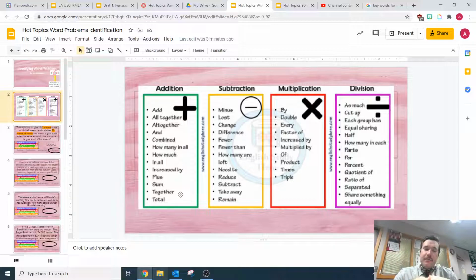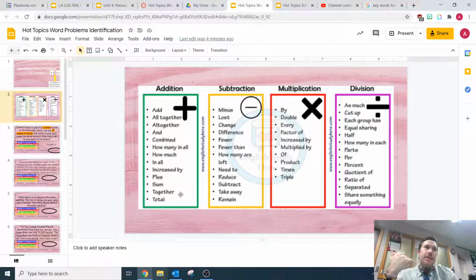Multiplication: we think of a factor of, or every group has so many. So it's a row of 5 by 8. That would be multiplication. Multiplication is when we've got groups, or we're thinking of so many in something per whatever we're thinking.